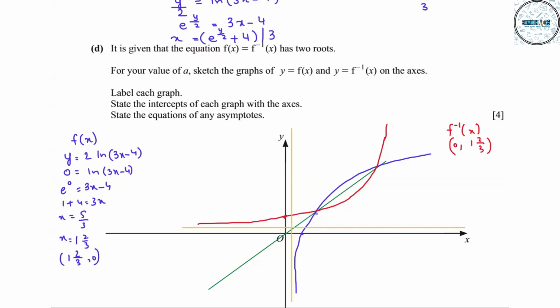This is the graph of y is equal to f of x, as they have said to label each graph. So this is the graph of y is equal to f of x. This is the graph of y is equal to f inverse of x. This is 5 upon 3 comma 0. This is 0 comma 5 upon 3.